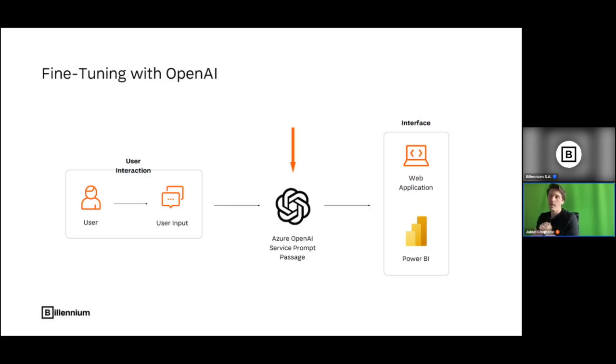The next part of our icing is the fine-tuning with OpenAI. So now, instead of feeding our system with documents and searching our documents in a database, we would like to fine-tune or adapt our GPT model to understand our files off the shelf. So now, instead of first searching for the relevant documents and putting those relevant documents into our GPT model, we would like to train our GPT model with the documents.